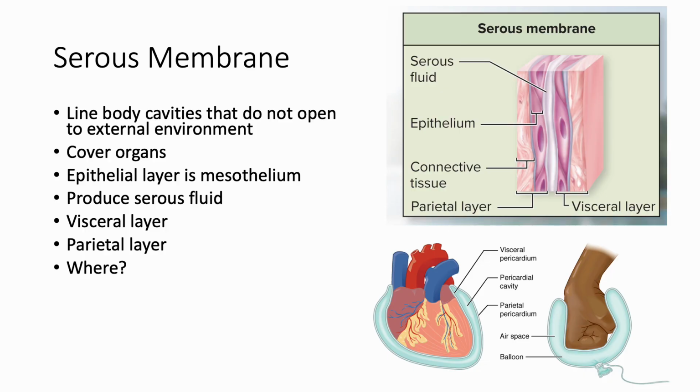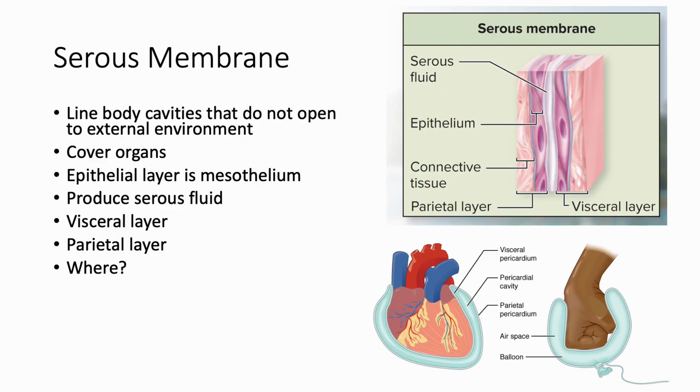So the membrane that's closest to the heart is the visceral pericardium. And then we have a cavity, the pericardial cavity. And then we have the outer part that is the parietal pericardium. And remember, it's as if it's one continuous layer that you put your fist in, right? And so you have the part that's around your fist, which would be around the heart, and then the part that's on the outside, or next to the body wall, would be the parietal.